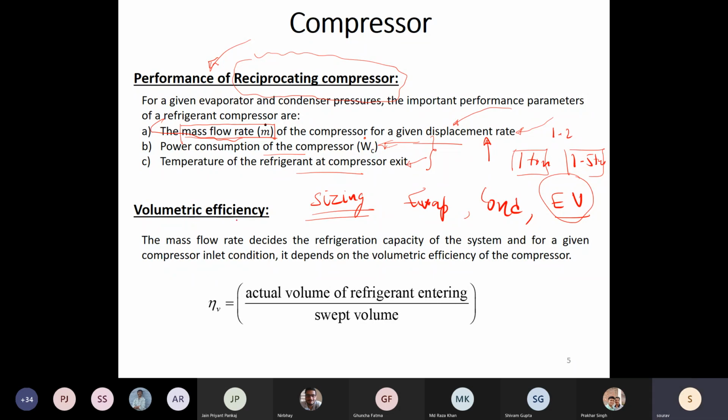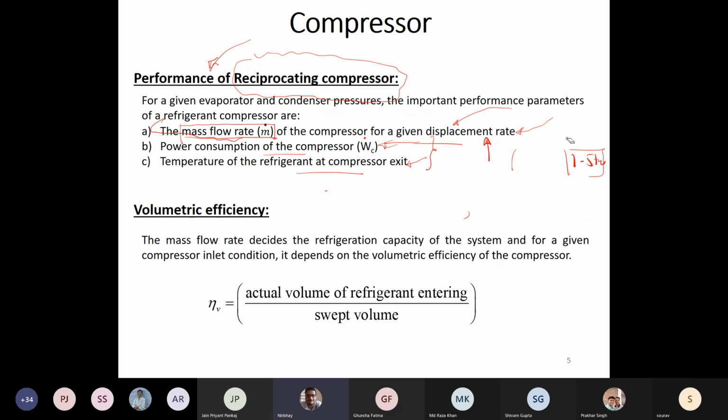Have you learnt about volumetric efficiency in your IC engines class? Yes, sir. So why is it necessary over there in an IC engine? Why is it very important to understand this term called volumetric efficiency? What does it affect?